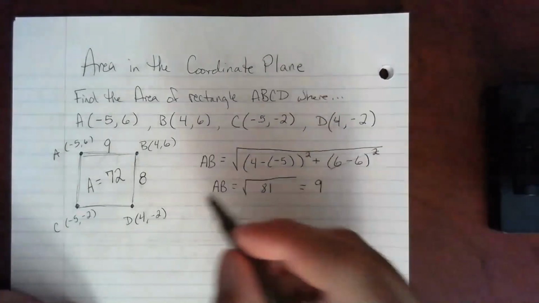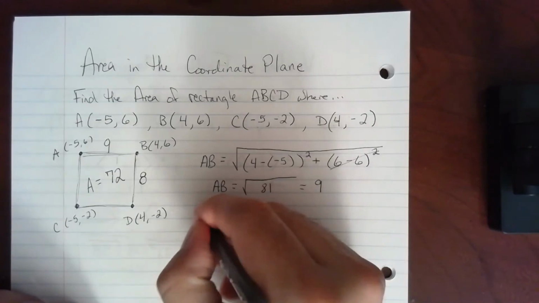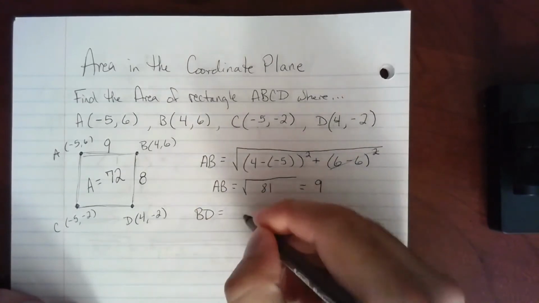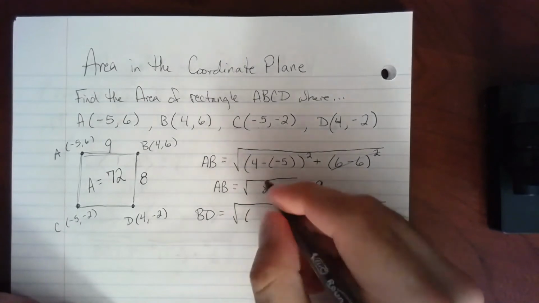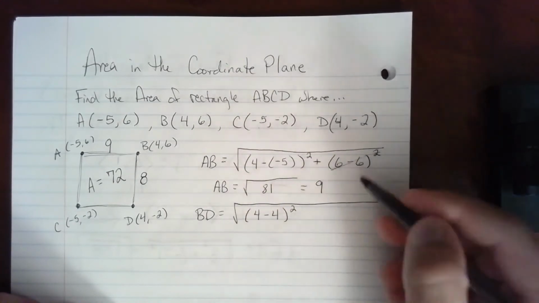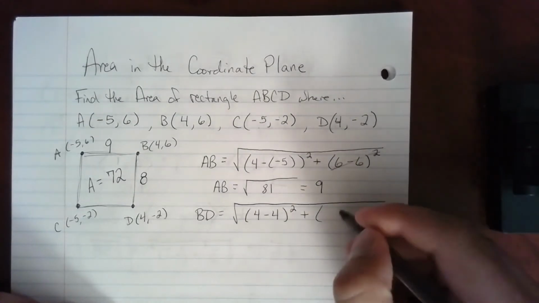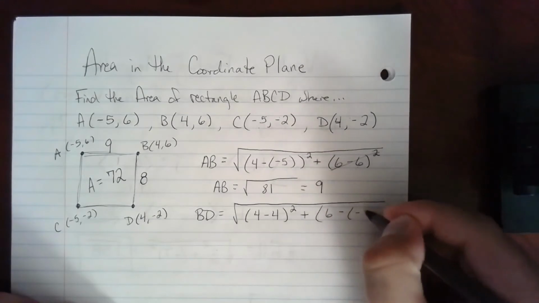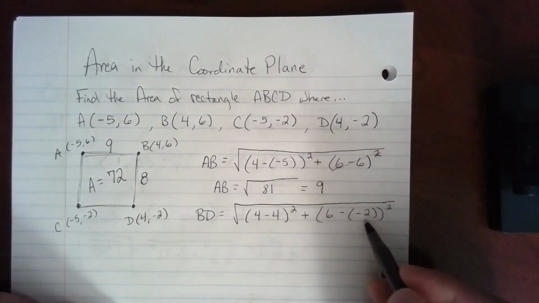This works out. And then over here, let's go ahead and do side BD just to verify that that actually does work as nicely as we think. We're going to do our x's, it'll be 4 minus 4. That's going to be our 0, just like we had up here with the 6 minus 6 part. And then we'll have our y components changing now, 6 minus negative 2. We're going to see that the 6 minus negative 2 works out really well.